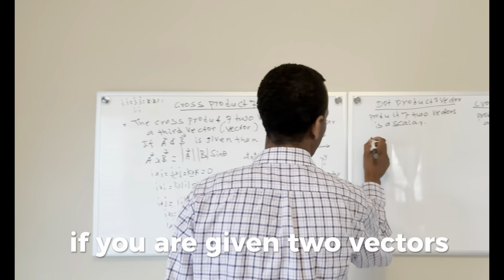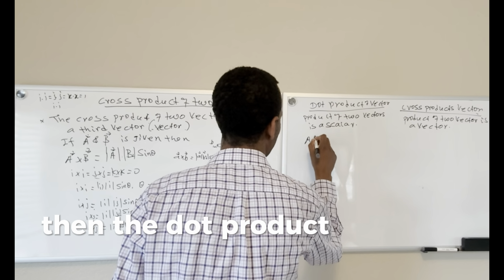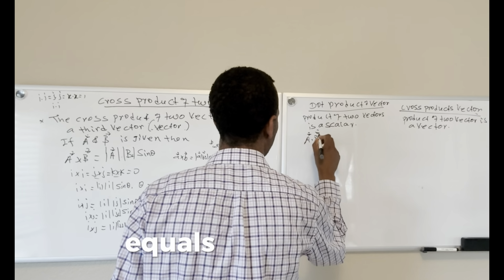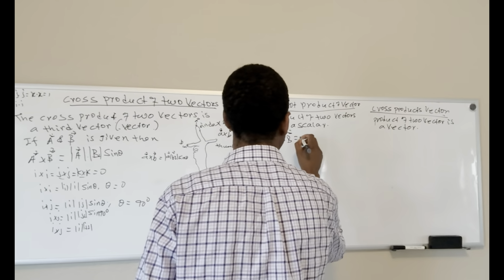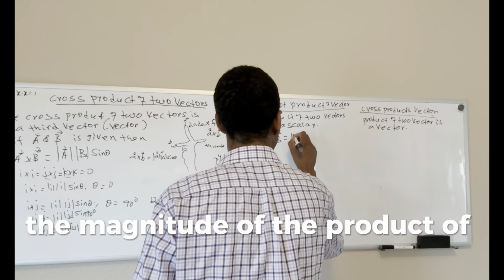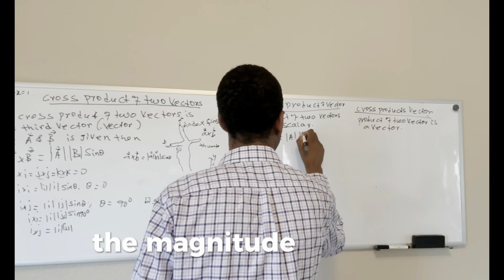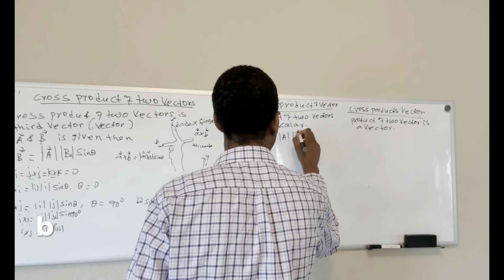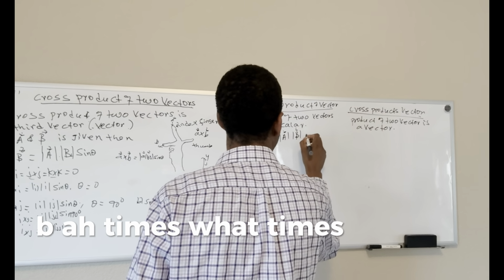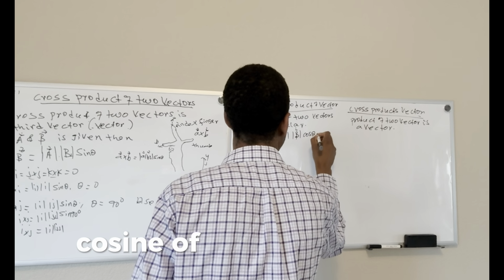If you are given two vectors, then A dot B equals the magnitude of A times the magnitude of B times cosine of theta.